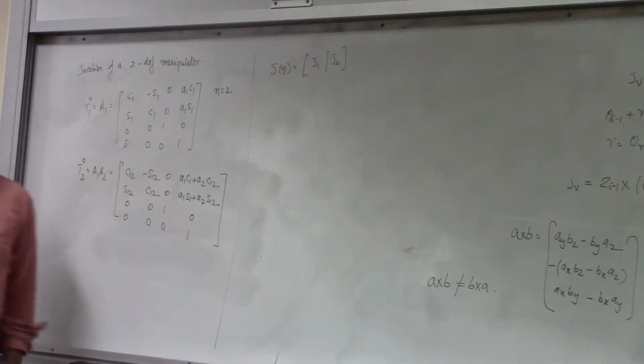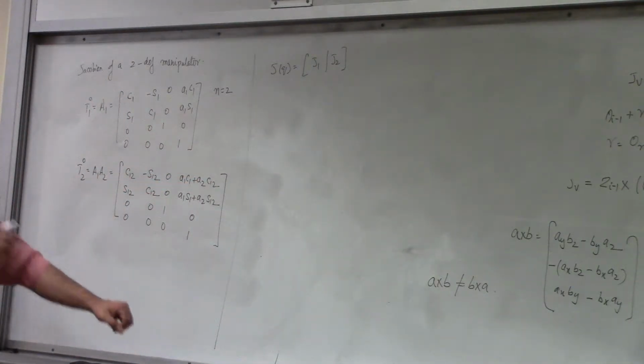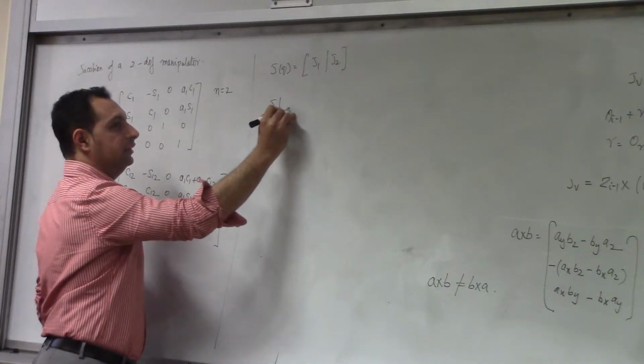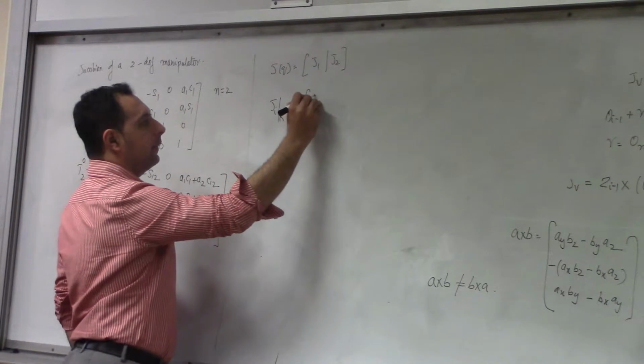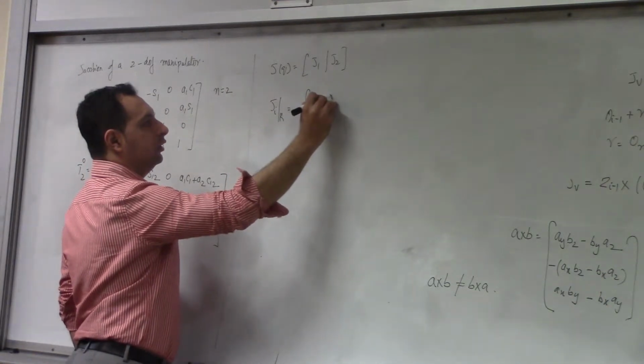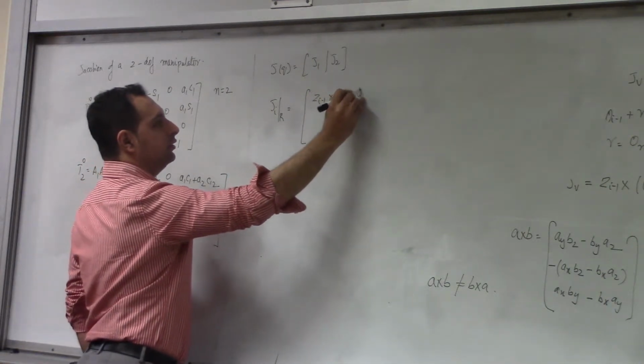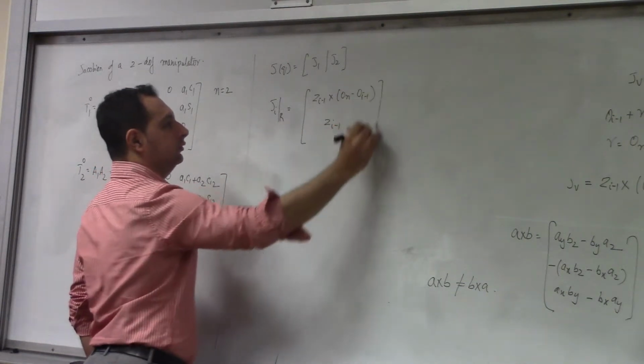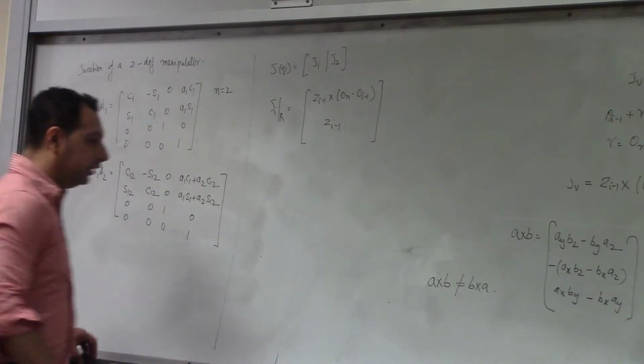Both of them are revolute joints. So we know that Ji is equal to Zi minus 1 cross On minus Oi minus 1, for revolute joints, Zi minus 1.